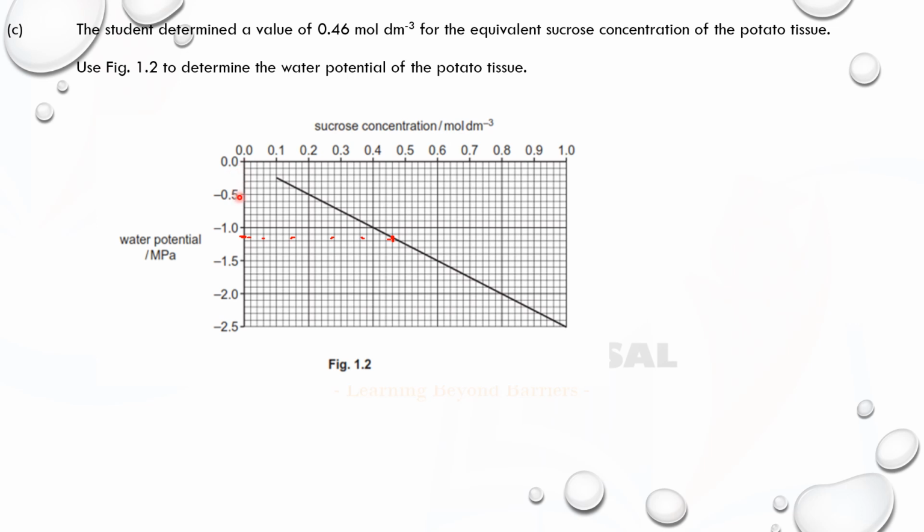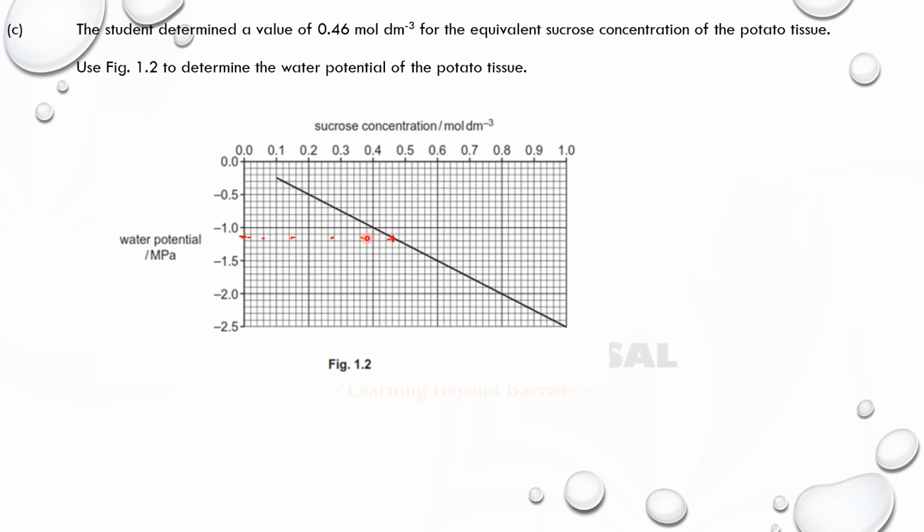One box will be 0.5 divided by 5, so that will be 0.1. So each box is 0.1. So this is minus 1.0, then the next box will be minus 1.1, and then the half will be minus 1.15. You get?